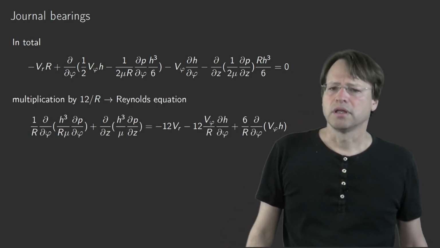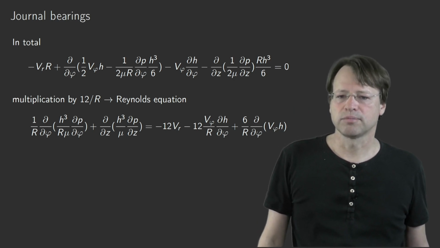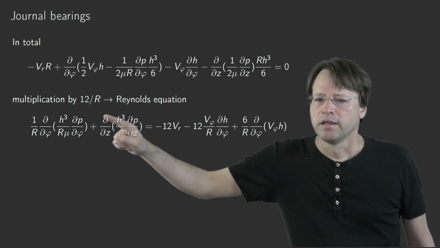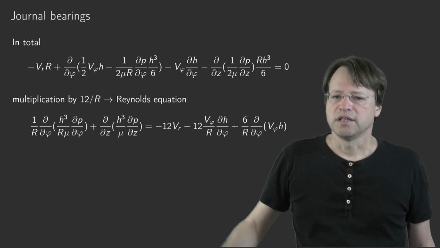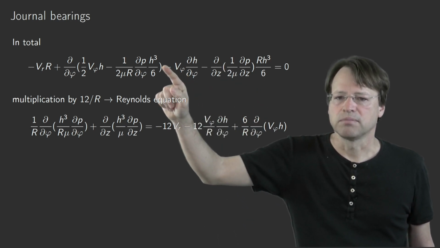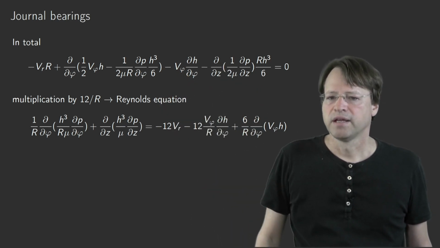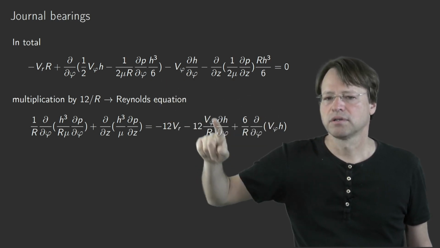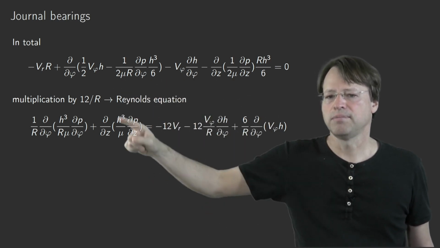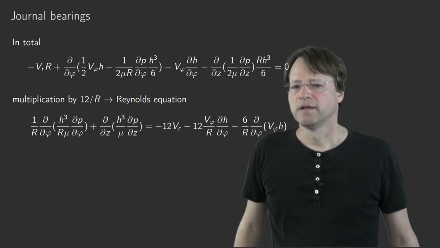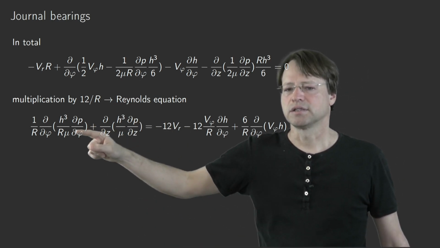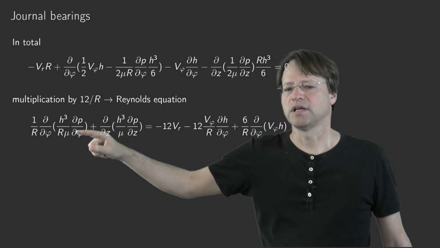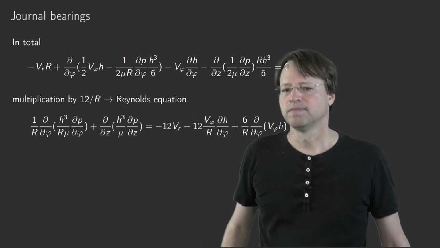Well, let's look that we do not overlook any term here. So the first one on the left-hand side is the derivative of the pressure field with respect to phi. We have dp by d phi, h cubed, the 6 and the 2 gone away by the multiplication with 12. The R is still there, so h cubed divided by R and by mu.